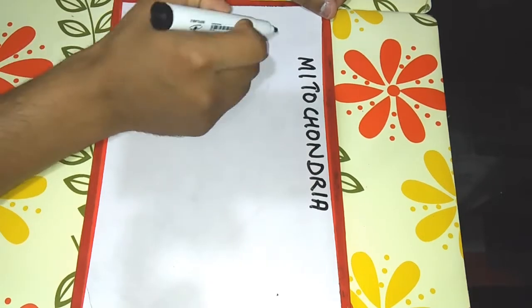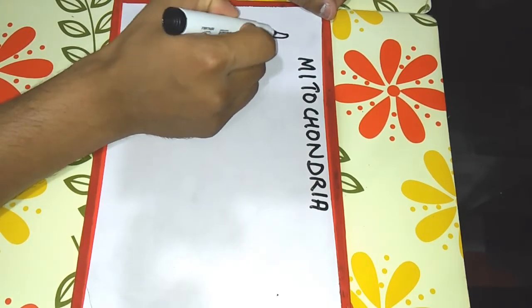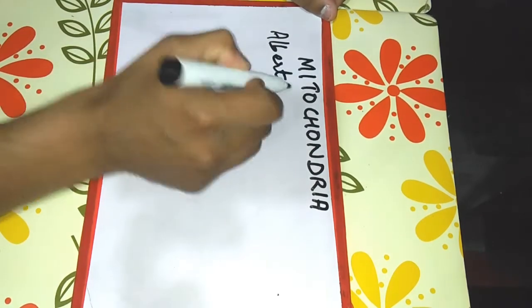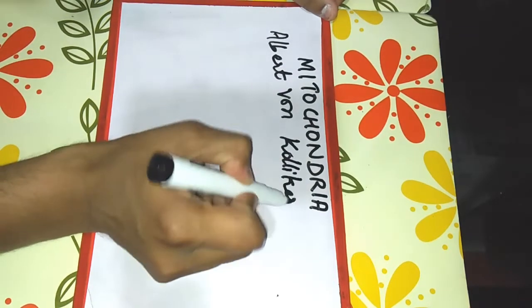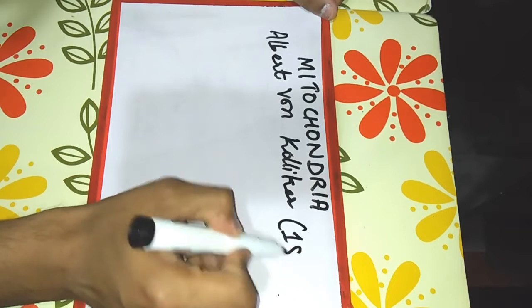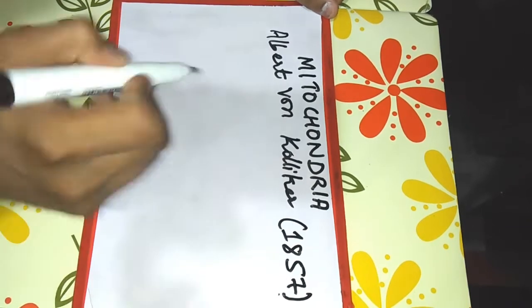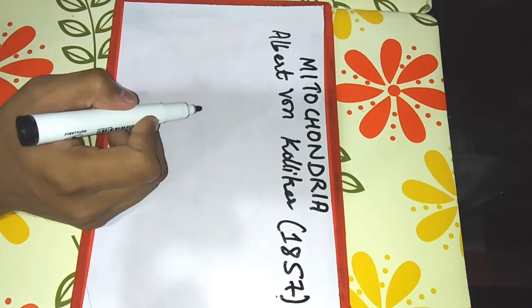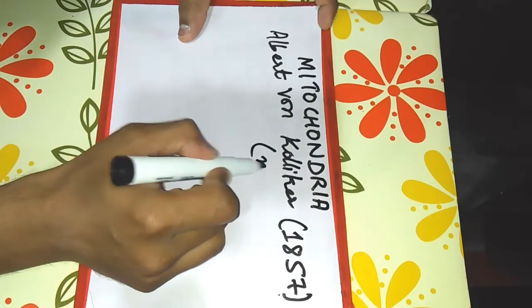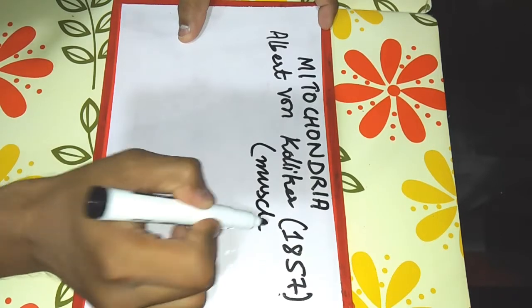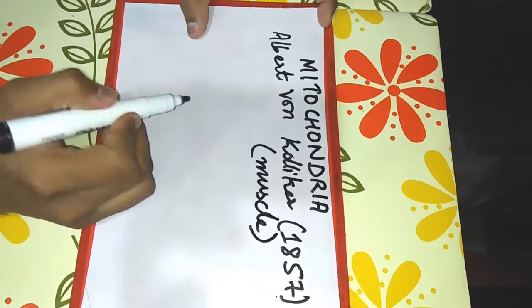First of all, mitochondria was studied by Albert von Kolliker in 1857. It was first studied by Albert von Kolliker while he was studying the muscle cells of human, or you can say the human muscles.